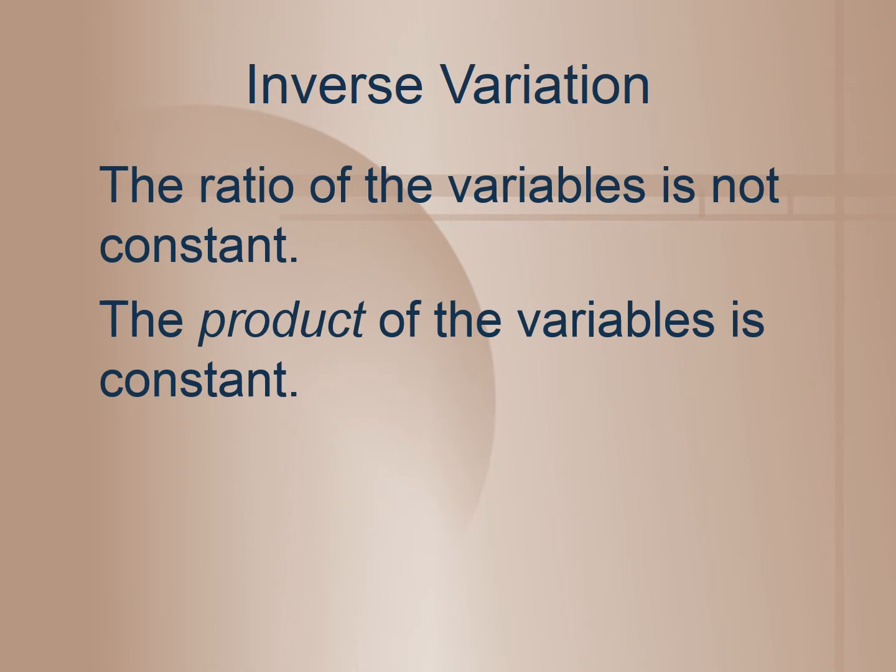When you keep multiplying x and y and you keep getting the same number, that's what we call an inverse variation. In order to get our k value, we have to do x times y. And that gives us our constant of variation for an inverse variation.